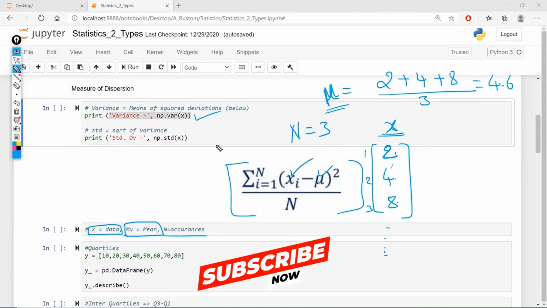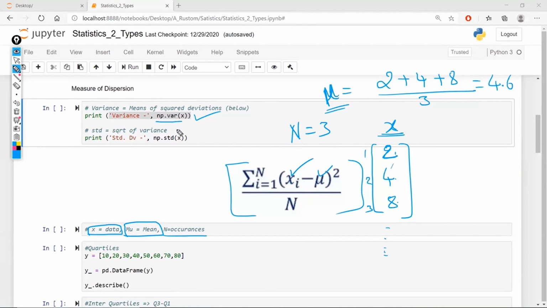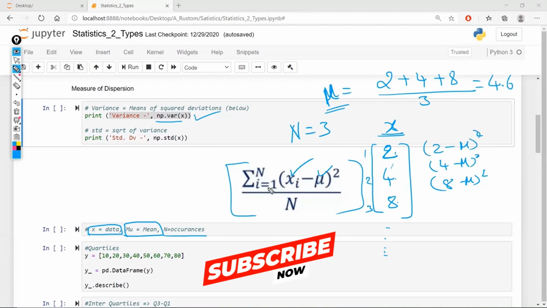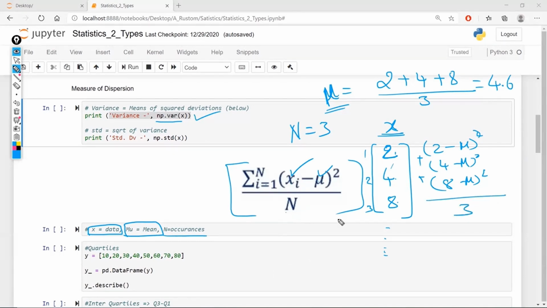I'm just going to use np.var, which is going to get the variance. So x minus mu: 2 minus mu, 4 minus mu, 8 minus mu, whole square, summed up and divided by 3. That is basically the variance.